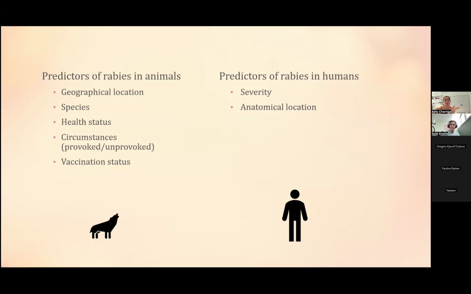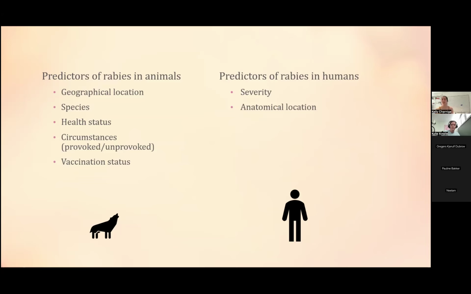Okay, so for this project, we used some predictors of rabies in animals and humans to come up with this tool. So for animals, we looked at geographic location, species, their health status, and then circumstances. So provoked and unprovoked means, if it's unprovoked, you were just minding your own business and an animal bit you.